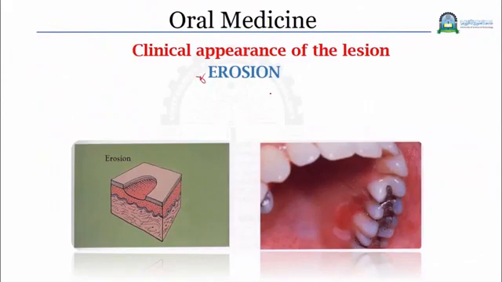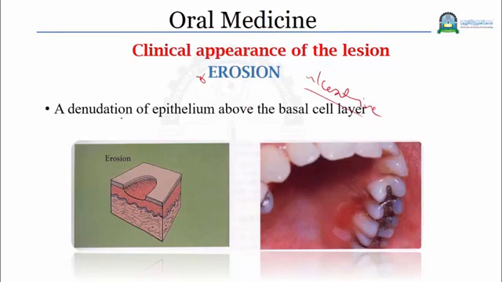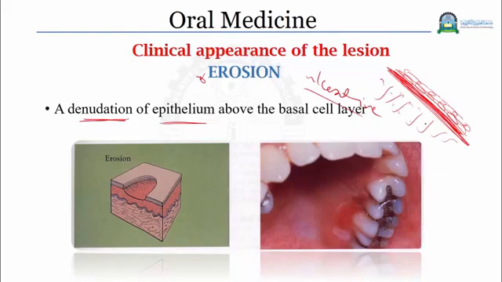Erosion, as we mentioned, is one of the ulcerative lesions. There is a peeling of the superficial tissue, not including the basement membrane and the connective tissue. It is a superficial removal or denudation of the epithelium above the basal cell layer. In the histology, as you studied in the second and third levels, we have the epithelial cell layers, the basement membrane, and underlying it the connective tissue, which contains the blood vessels, fibrous tissue and other tissue.